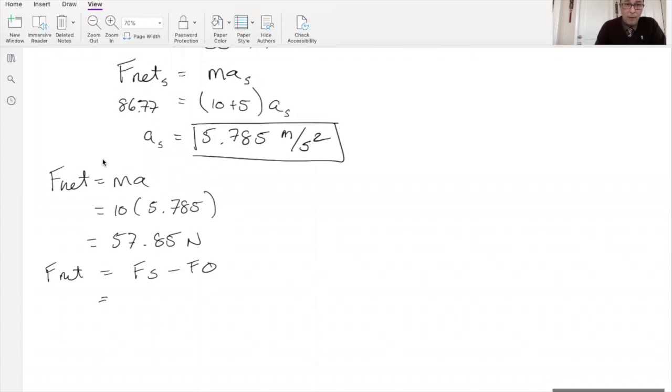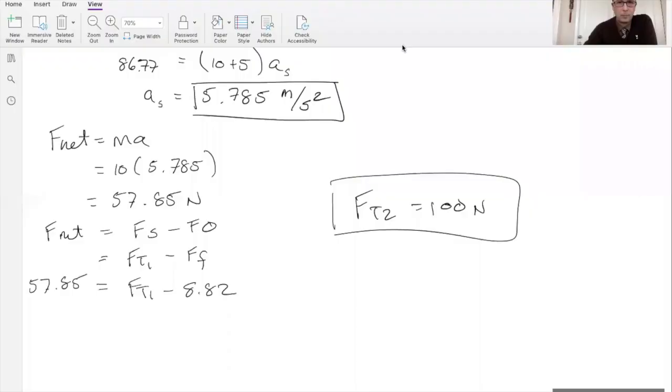Supporting force for F1 is just force of tension 1. Opposing is friction. Now, we know that force tension 1 is unknown and friction is 8.82, so let's put those in. And F net was 57.85.